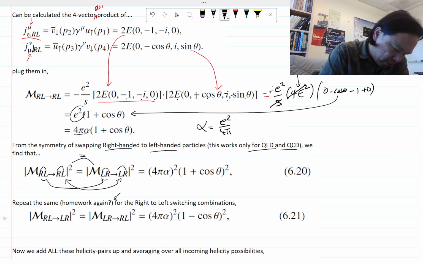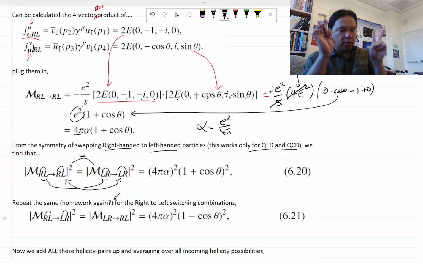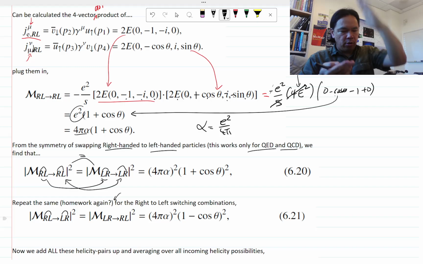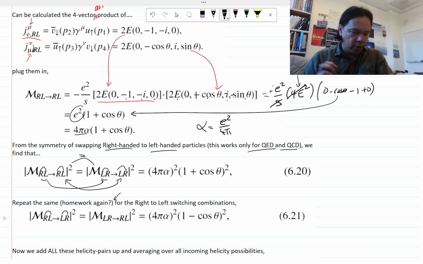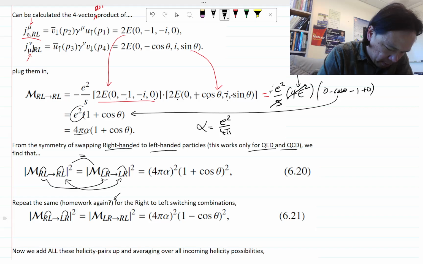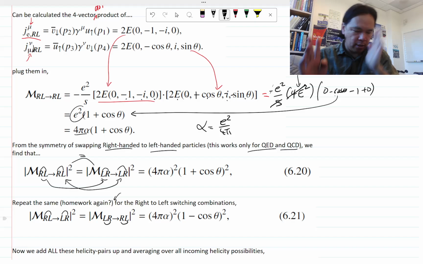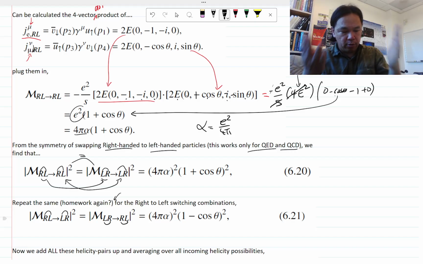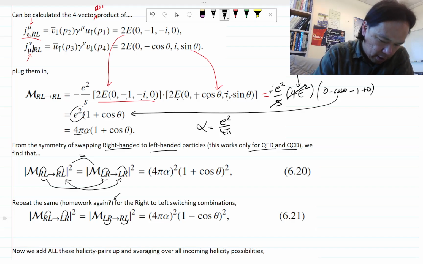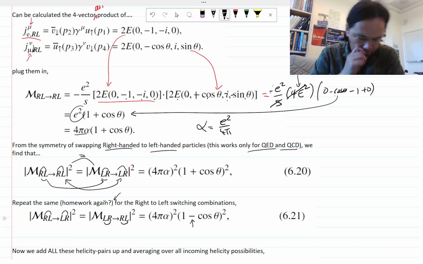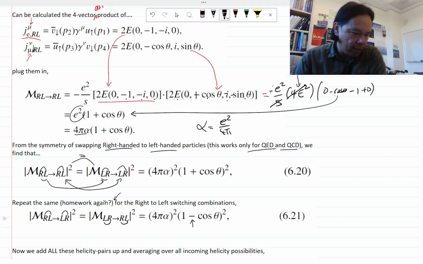This one is right left to left right, so the helicity of the particle and antiparticle actually swap with each other. Similarly, this is left right to right left. So once again, the helicity of the particle and antiparticle swap with each other. Doing the little homework again, we're going to find that the only difference between them is going to be a negative sign.